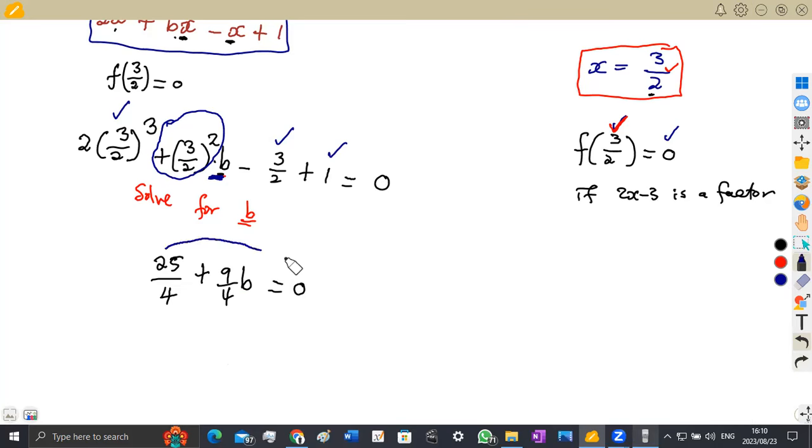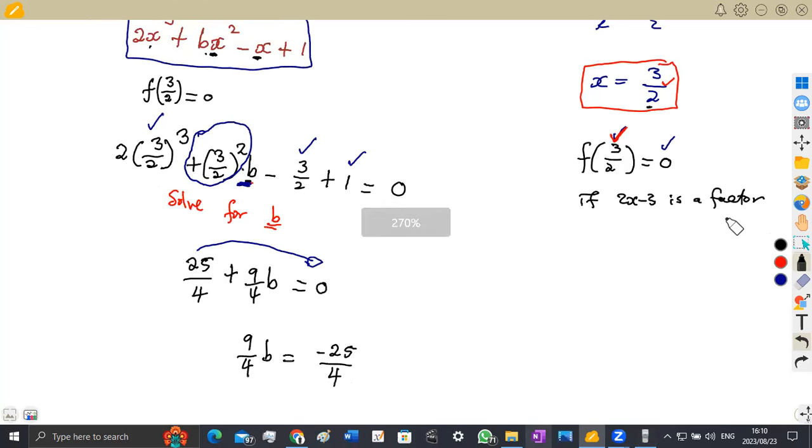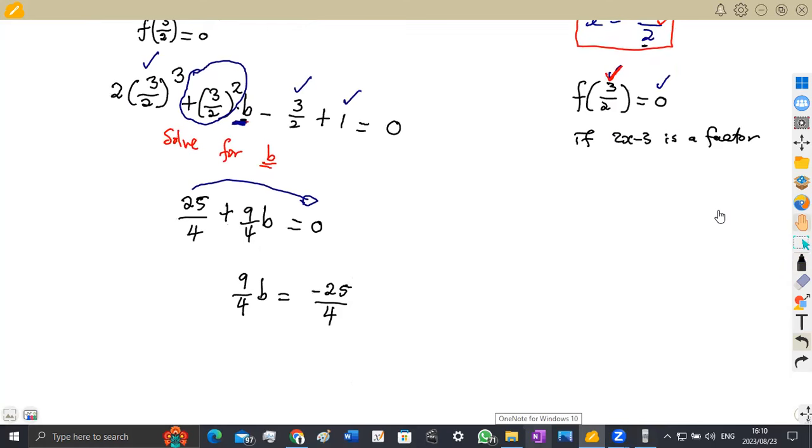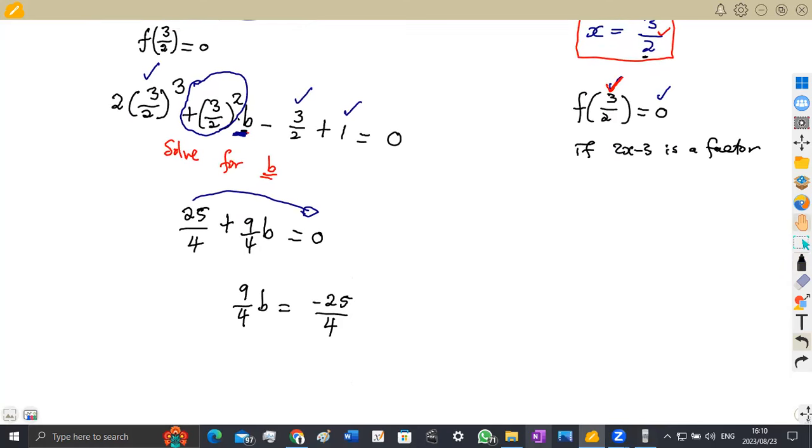We can transpose this to the other side so that it becomes a negative. So we are going to remain with 9 over 4 b, which is equal to negative 25 over 4. So what can we do to find b? We can cross multiply, which is fine, but here you can simply divide by 9 over 4 on both sides.